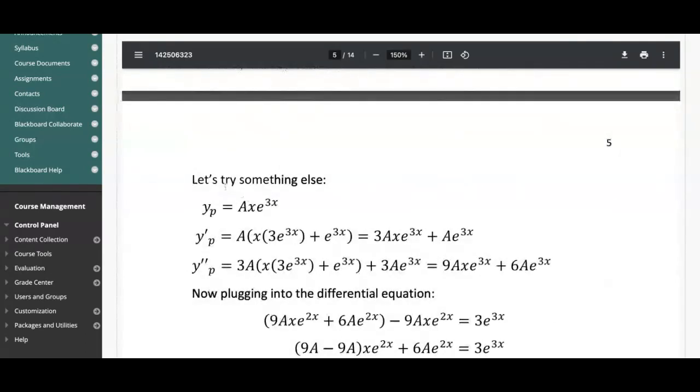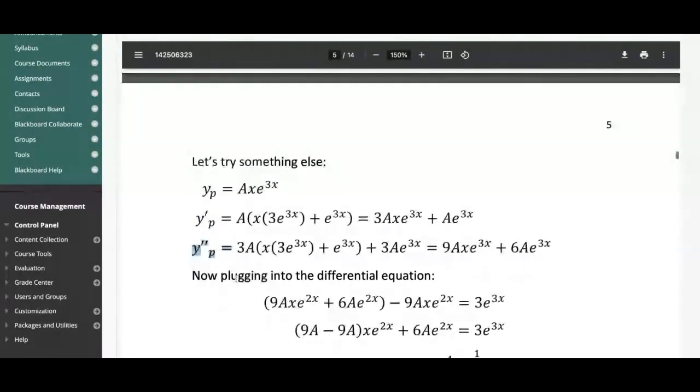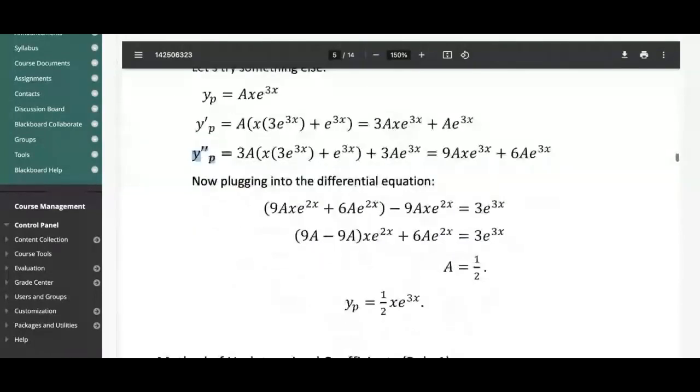So what do we do? Let's try something else. We add x into it. So we guess a particular solution to be a x e to the 3x. We multiply by x. Then we differentiate again and plug back in.